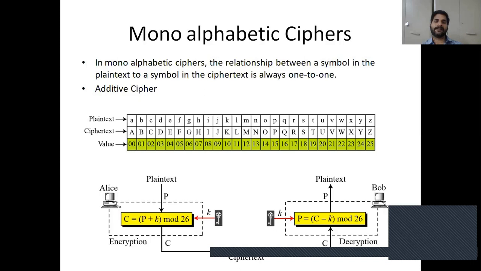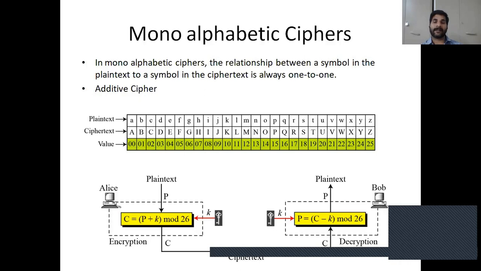If the key K is given, the plain text is encrypted as ciphertext equals plain text plus key mod 26. The ciphertext is then transferred to Bob. Bob receives this ciphertext and decrypts using P equals C minus K mod 26.